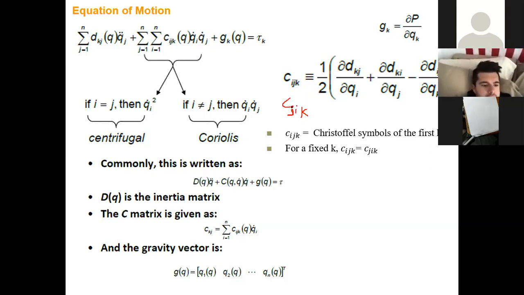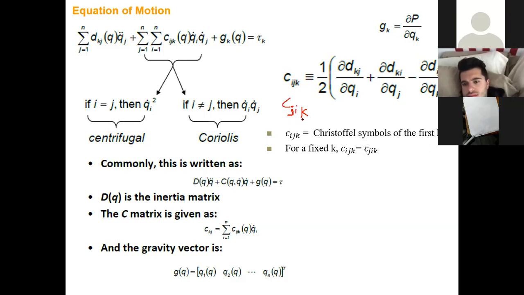It would be 1/2 times partial dki over partial qj plus partial dkj over partial qi minus partial dij over partial qk.